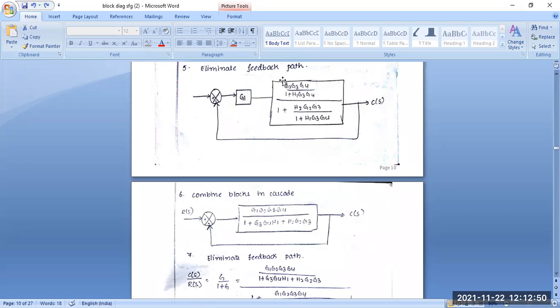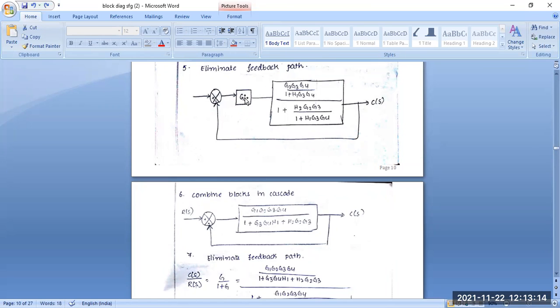Because here you can see when you solve this equation, these are the numerator and denominator parts, and these basically cancel down. The equation comes out as G2, G3, G4 by 1 plus H1, G3, G4 plus H2, G2, G3. So that's why we write this equation in that format.